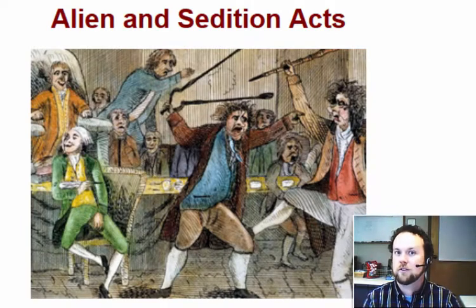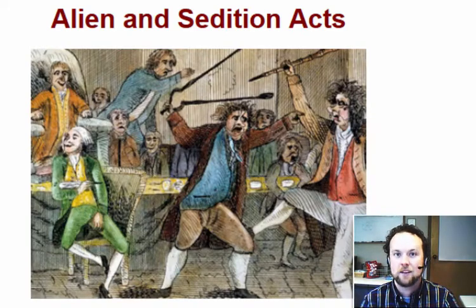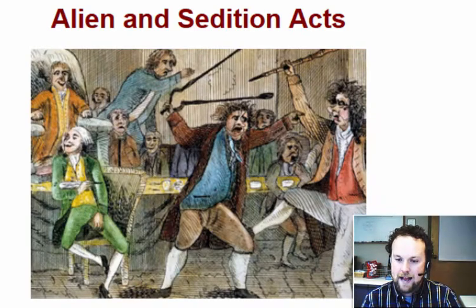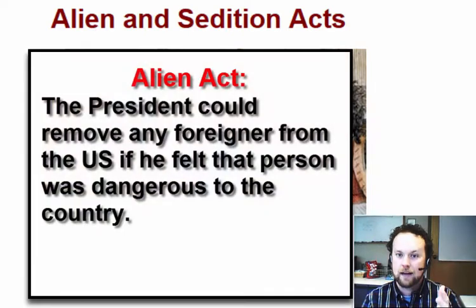Now, during the crisis with France, the Federalists pushed a lot of laws through Congress known as the Alien and Sedition Acts. Under the Alien Act, the president could kick any foreigner out of the country if he felt that person was dangerous to the country.